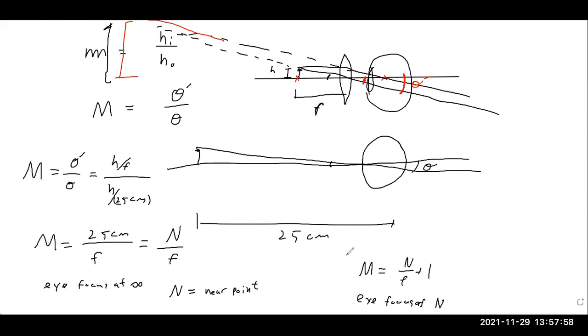So if you're trying to focus at the near point and you're using a magnifying glass, you get an extra 1 added to the angular magnification.